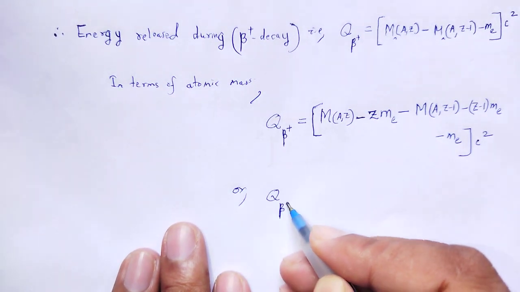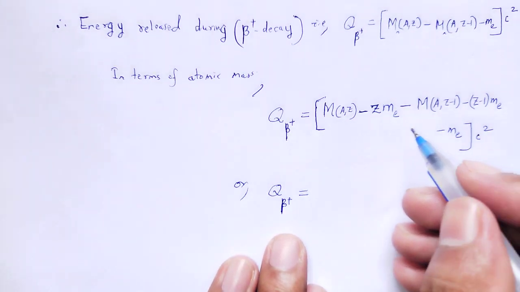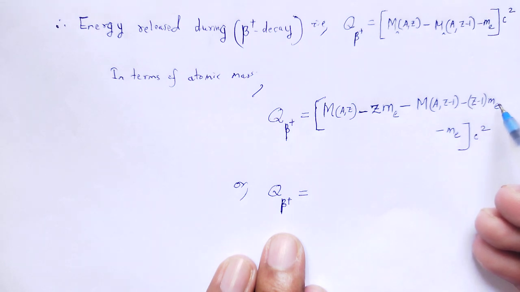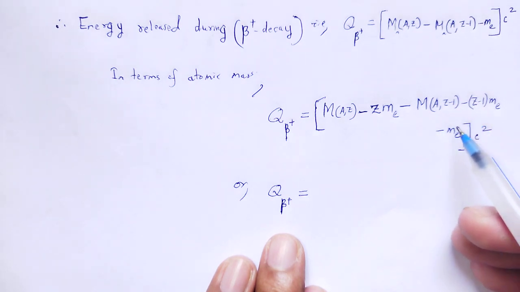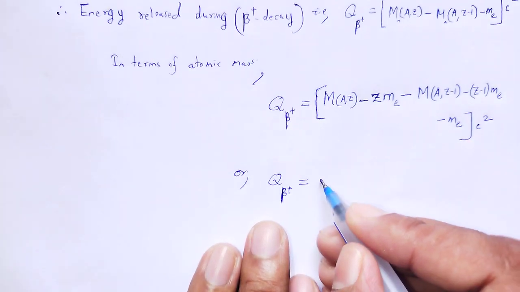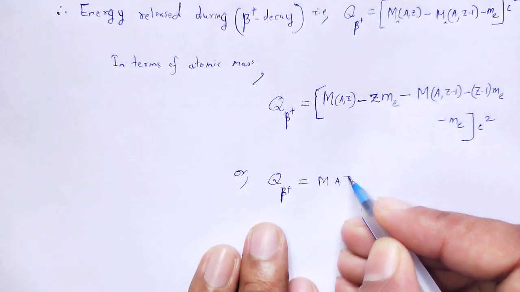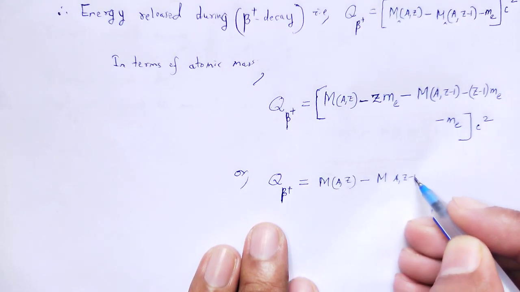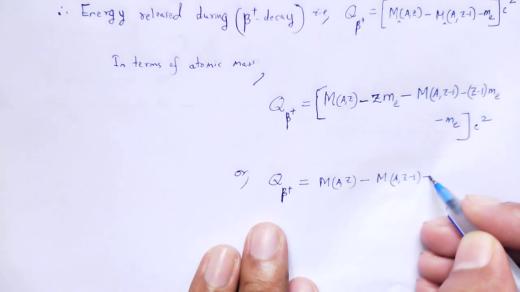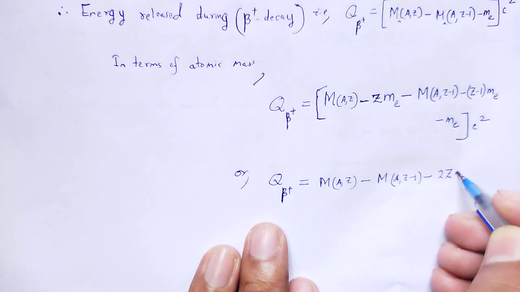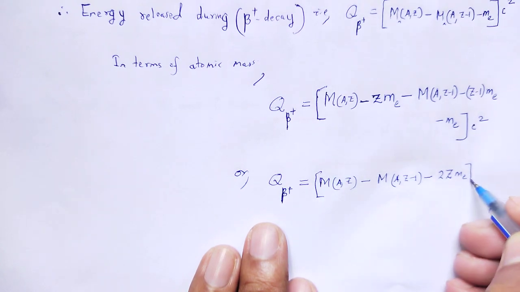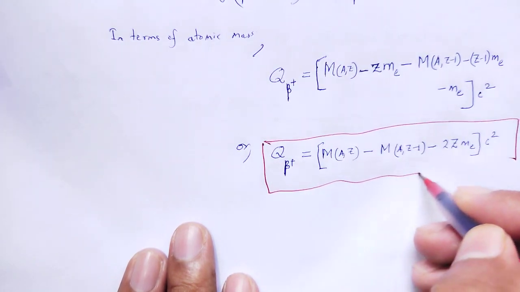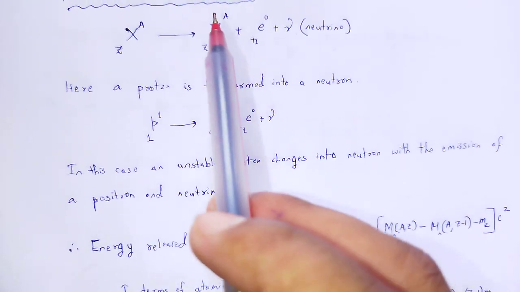So Q beta plus is equal to, in that expression, minus Z me and plus me, so minus me plus me cancel out, giving the mass of A Z minus the mass of A Z minus 1, minus 2 me, into c square. So this is the amount of energy released during beta plus decay.